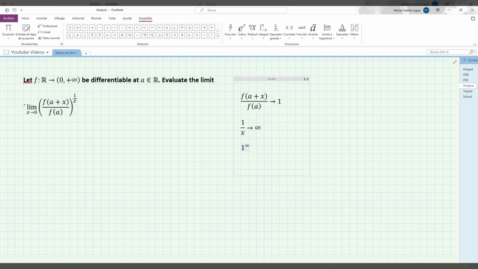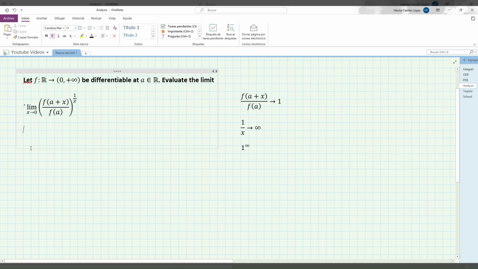And if we have something like this, we can apply ln, or natural logarithm. Also, we can see that f of a is well defined because we don't have any indetermination there, because f of a can't be 0.